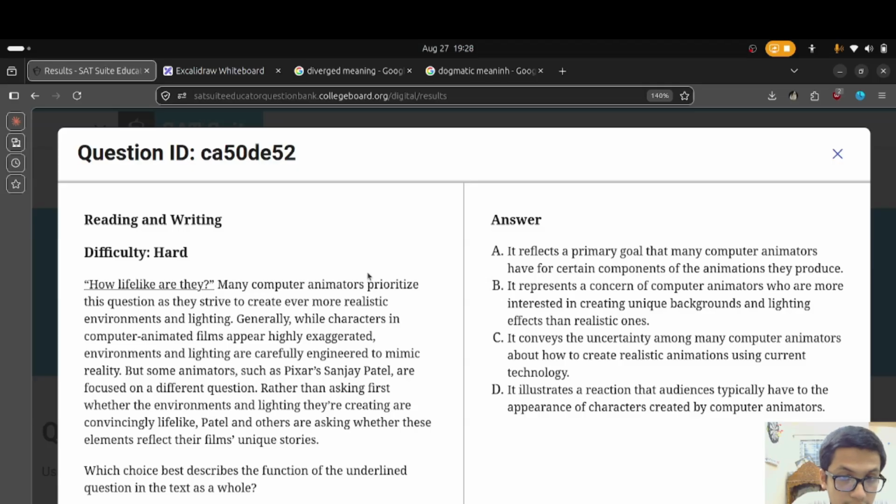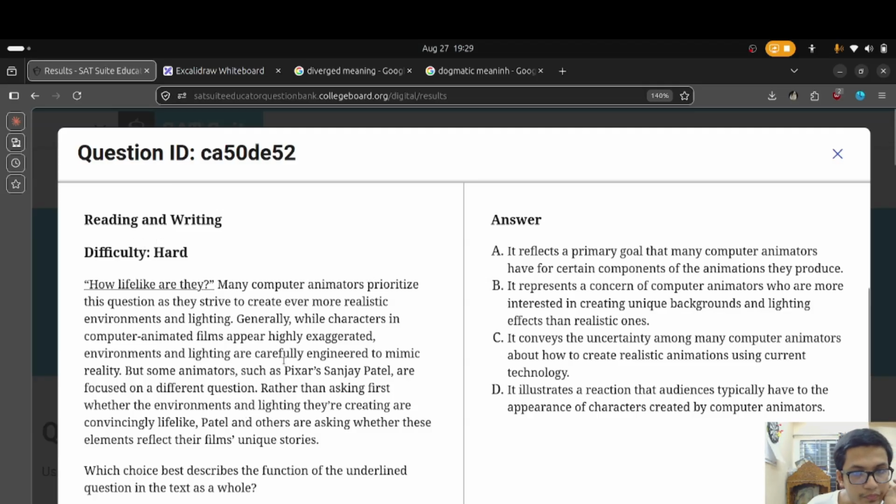But some animators, such as Pixar's Sanjay Patel, are focused on different questions rather than asking first whether the environments and lighting they are creating are convincingly lifelike. Patel and others are asking whether these elements reflect their film's unique stories. Okay, so if we want to understand that, it reflects a primary goal. So, how lifelike are they?